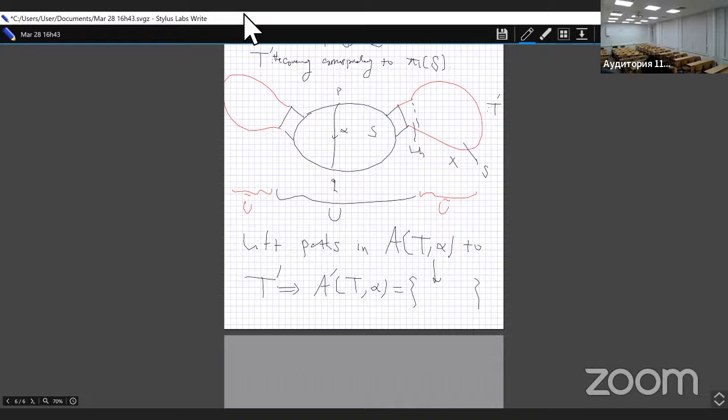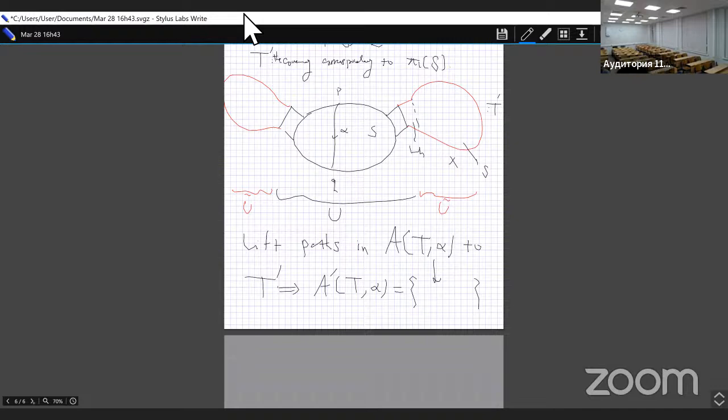To do this, you first need to choose some lift. Okay, sorry. Lift into the middle one, to the U. There is a preferred way to lift now. But since this is a covering space, we're able to lift all paths which are homotopic to alpha.